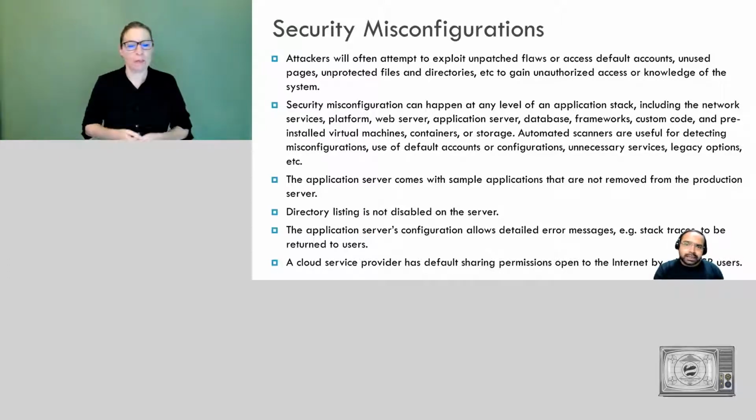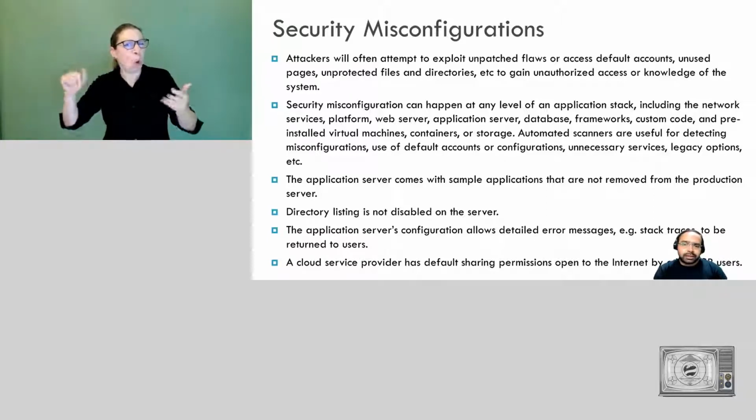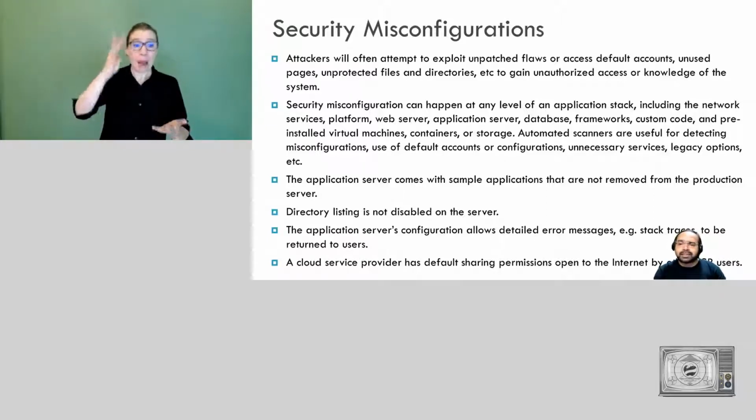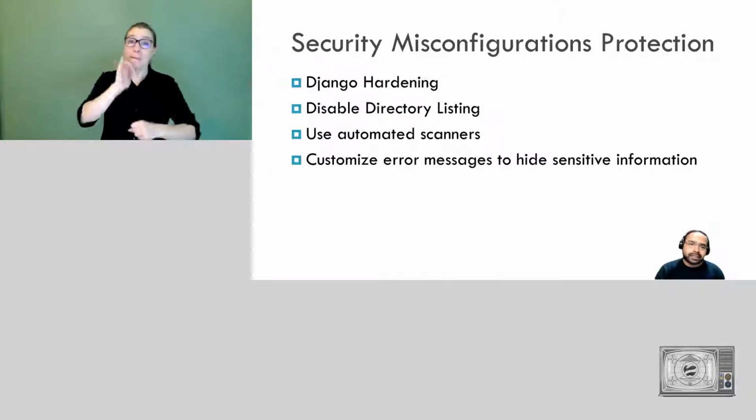Security misconfiguration can happen at any level of an application stack, including network services, platforms, web servers, and so on. It comes up with sample applications that are not removed from the production server, or directory listing not disabled on the server. So these things need to be taken care of in case of security misconfiguration.